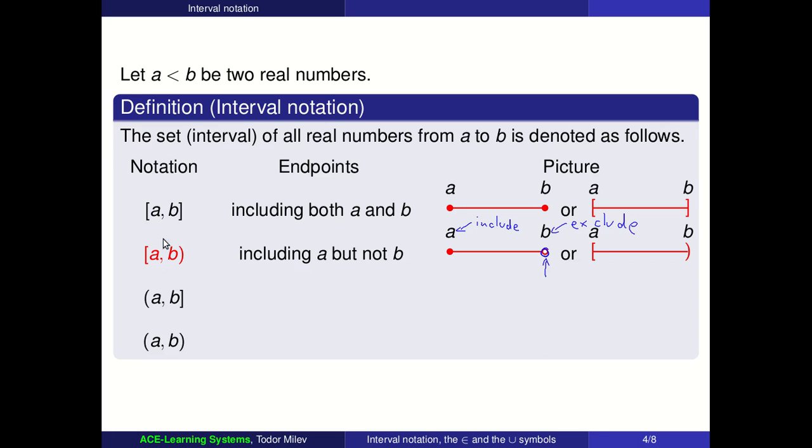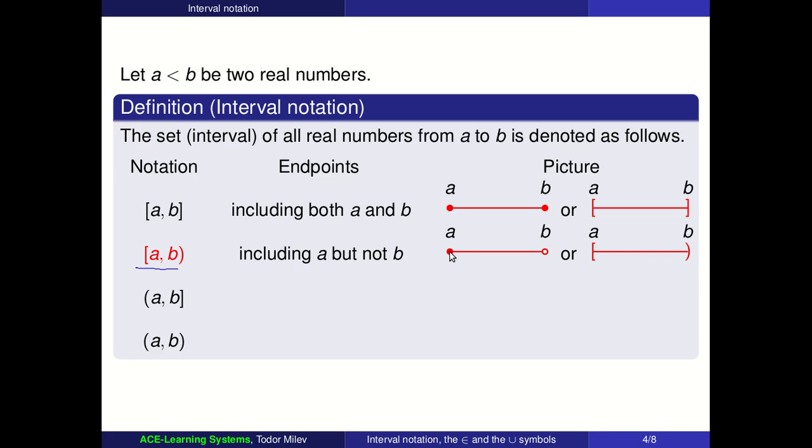We use square brackets near the included point, and we use an open parenthesis near the excluded point b. So if we take all numbers between a and b, including a but not including b, here's how we denote it, and here's how we depict it.